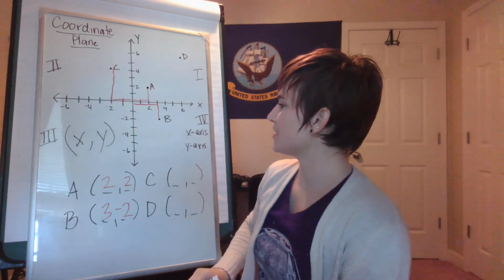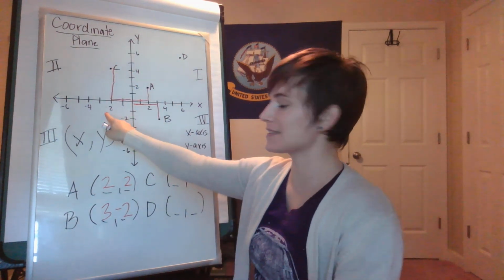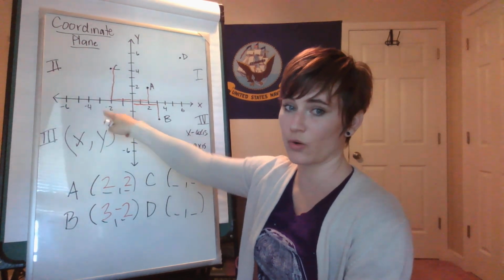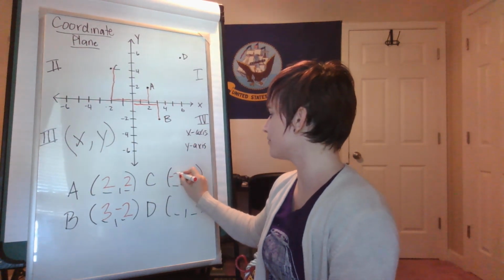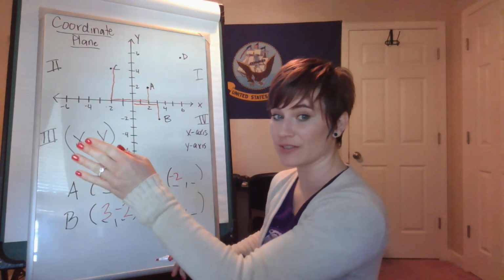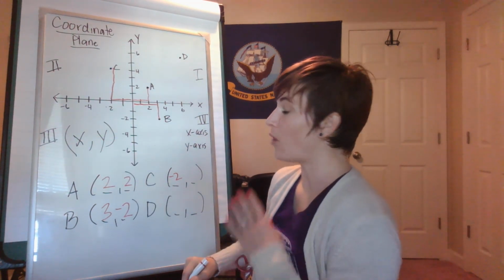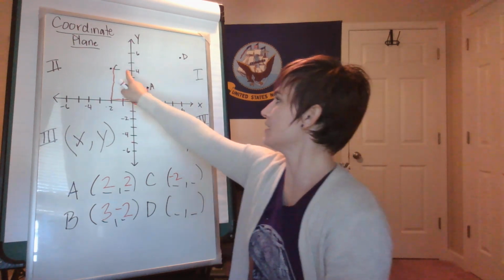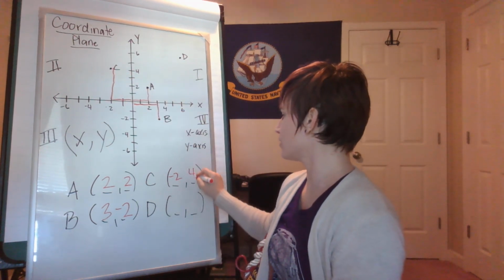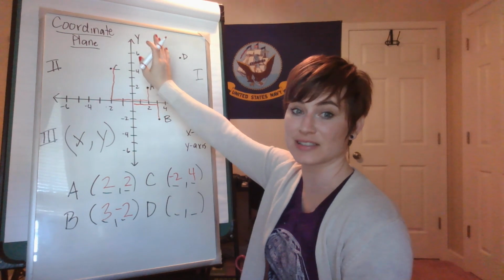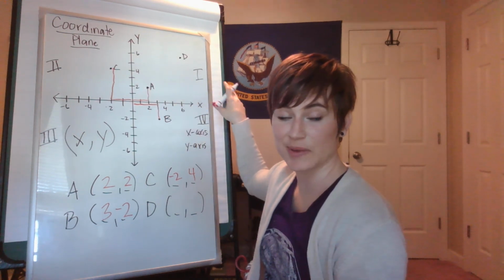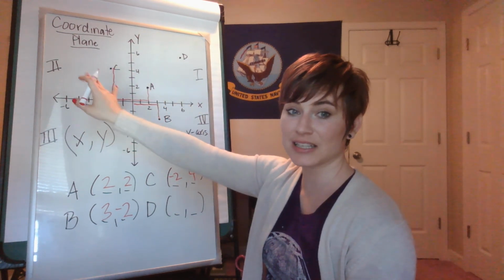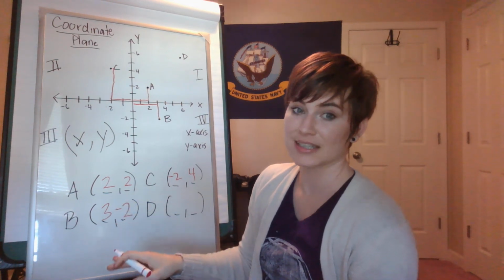So I've gotten to my C. My x-coordinate is negative 2 because I went left. Then my y-coordinate, my up and down, is going to be positive 4. So up is positive, right is positive, left is negative, down is negative.